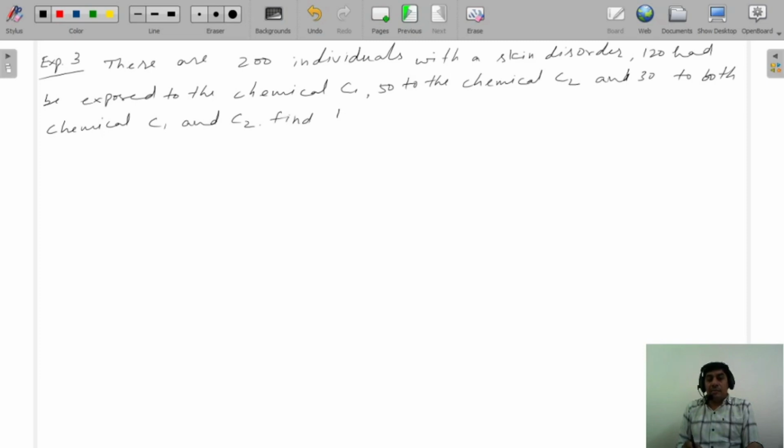Find the number of individuals exposed to first chemical C1 but not chemical C2.